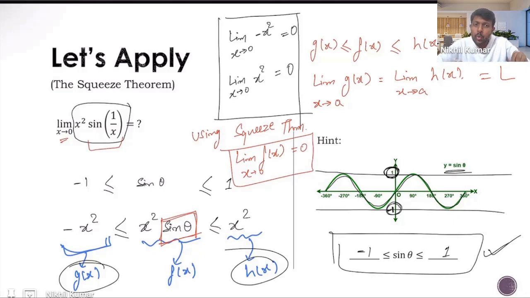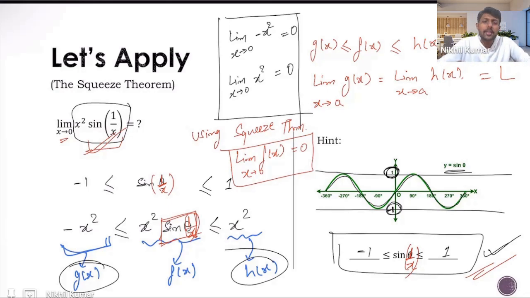So if you don't want to introduce a new variable, you can say simply sine 1 upon x will always lie between minus 1 to 1, right? Use this inequality and then you will get 1 upon x everywhere, and you will get the identical function. So that's how we do it.